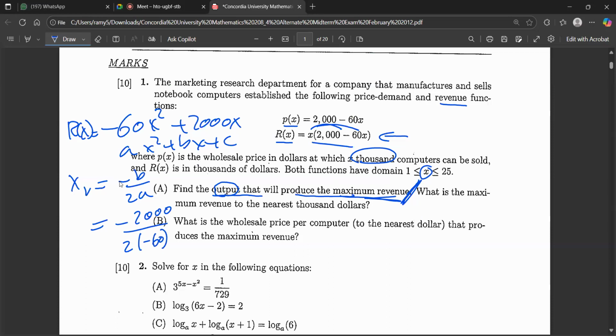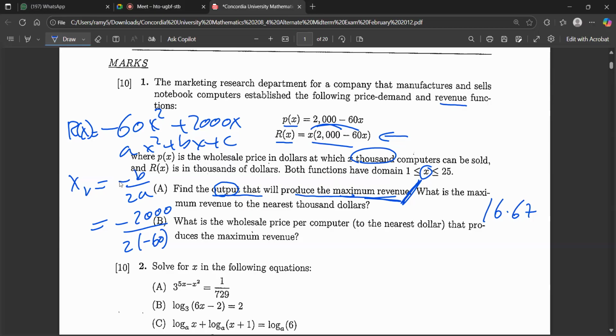Do your calculation quickly. Tell me the number. 50 over 3, or about 16.67. So this is the output that will produce the maximum, right?